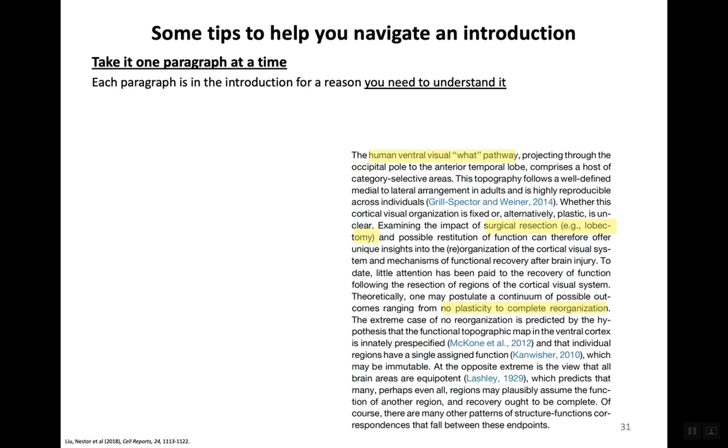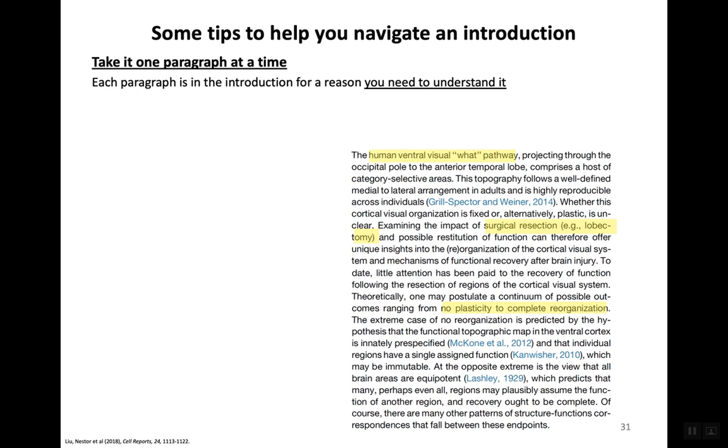Hence, as an author of an article, you have to be extremely careful and judicious in terms of what information you place in the introduction and how you structure it. Hence, the paragraph structure of an article can resonate quite well with the logic of a study and with the anatomy that I have just mentioned, the anatomy of an introduction.